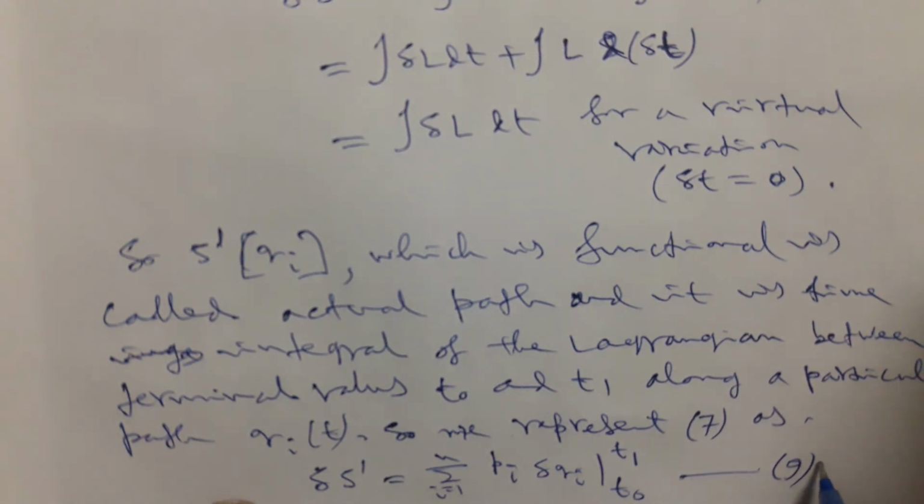And if both the actual and virtual paths coincide at t0 and t1, that is the initial and final time, then δqi vanishes at t0 and t1.